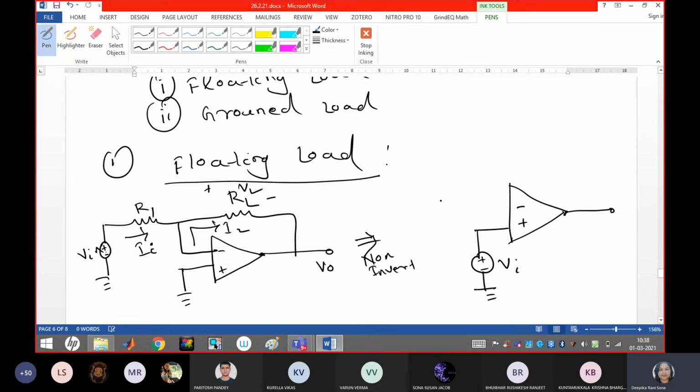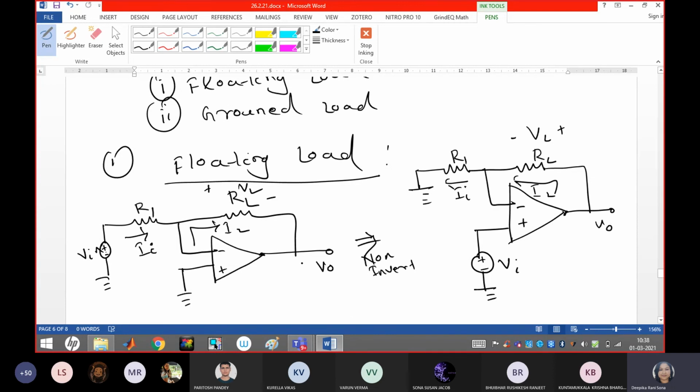This is my VI and the remaining things will be similar. RL, this is R1 and this is grounded. Now this will become II, the direction, and this will become IL, and now VL will become this one.